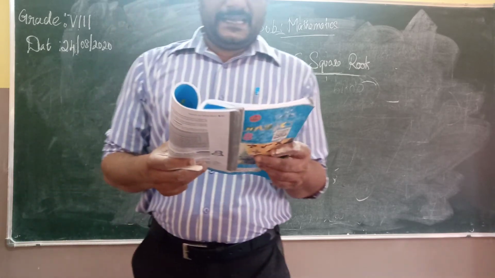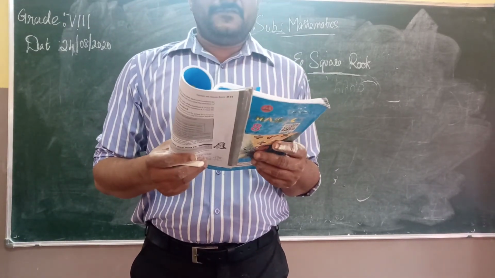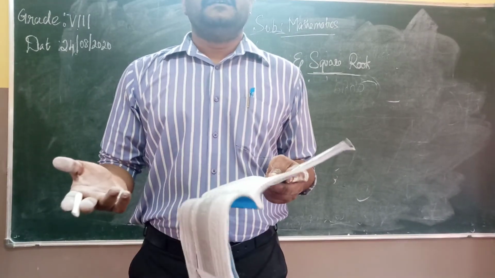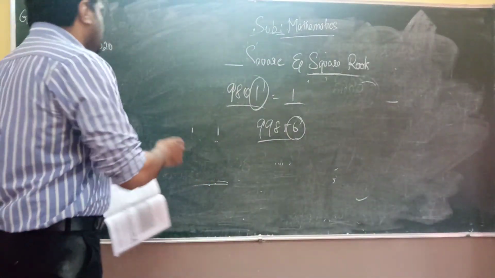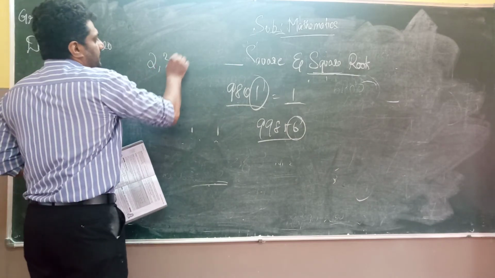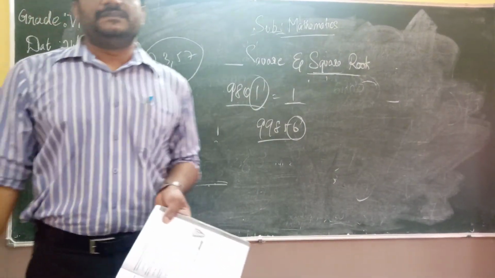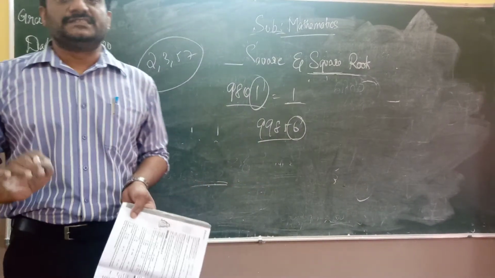In this, without any kind of calculation, find the numbers which are surely not a perfect square. Again, 153. You remember, right? The numbers ending with 2, 3, 5, 7 are always not perfect squares. Remember that.